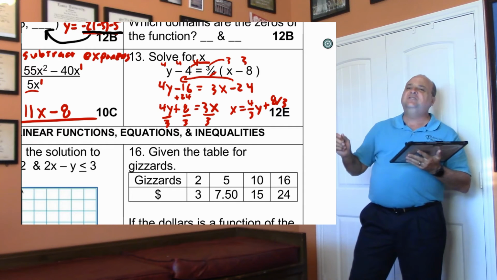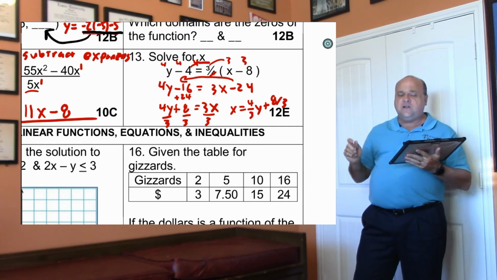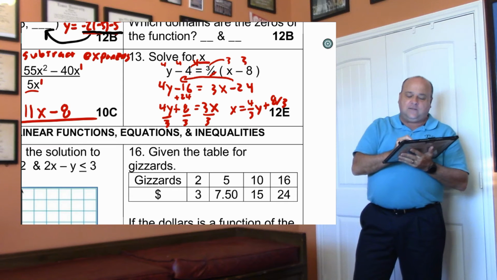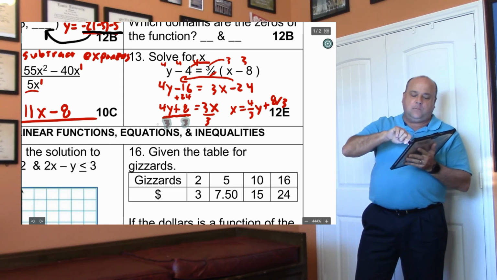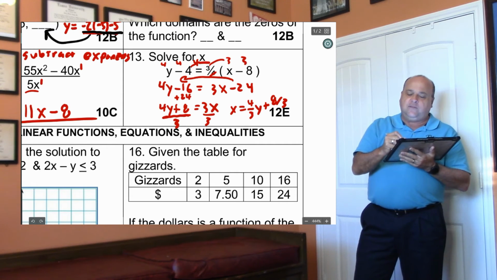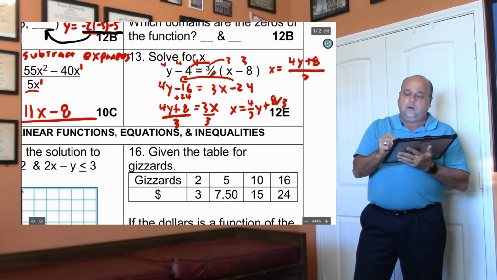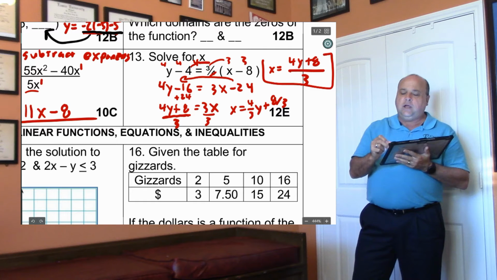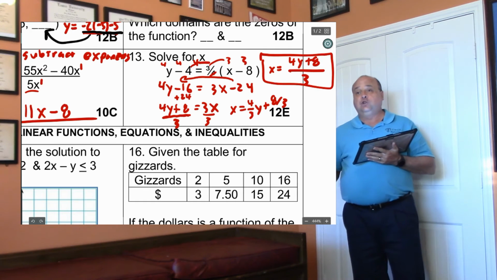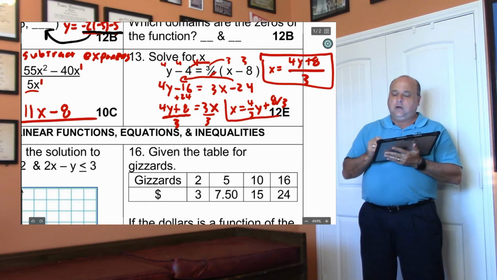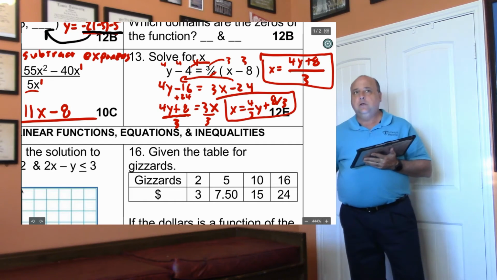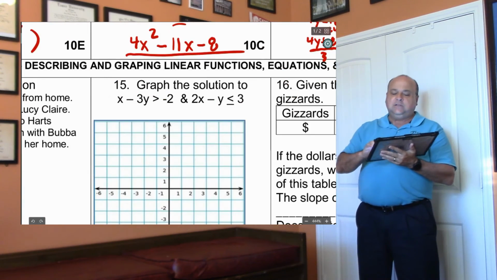Oh, fun stuff. You could also write this answer with one fraction bar and put a 3 here. So if you did it that way, x would equal 4y plus 8 all over 3. This way you may see in Algebra 2, okay? And you get the same answer. Let's keep going down.